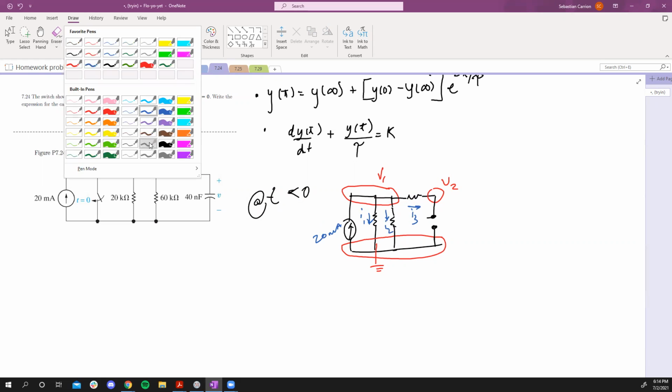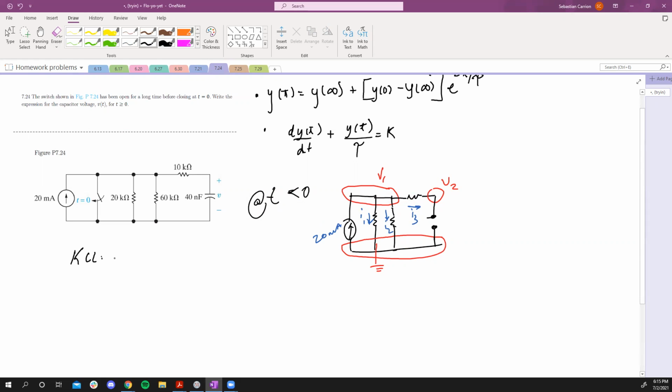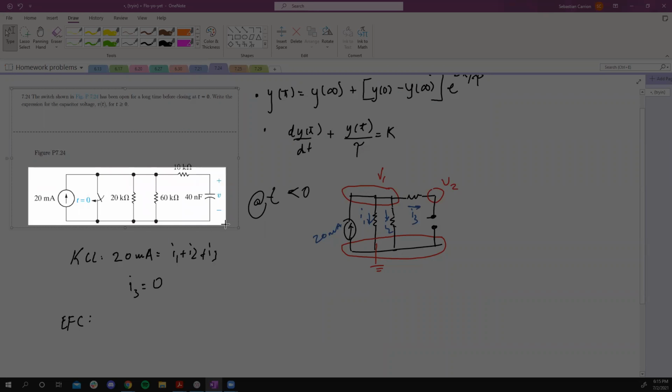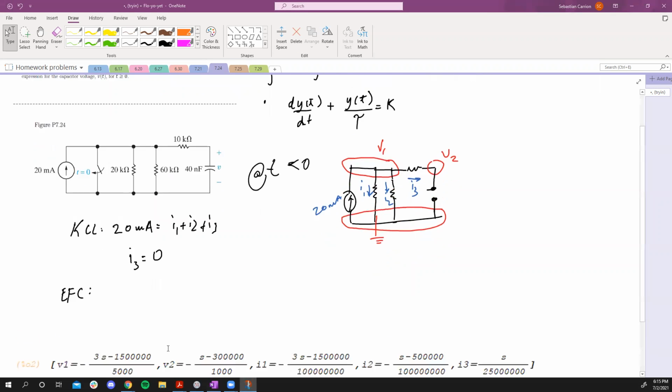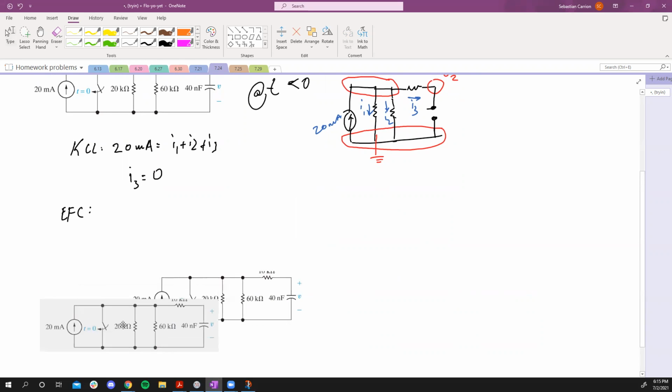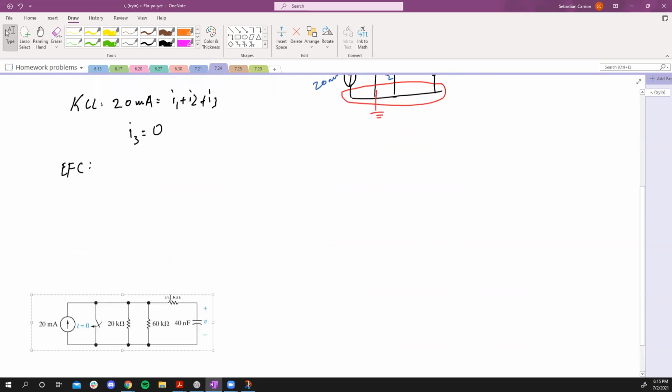Okay. So KCL: 20 milliamp equals I1 plus I2 plus I3. We know that I3, since the capacitor turns into an open circuit, is 0. And then we have equations for the components.